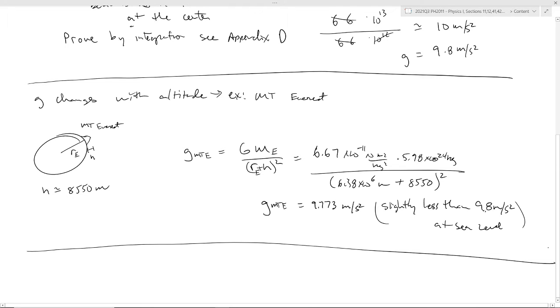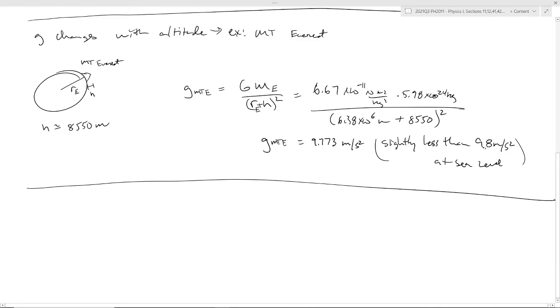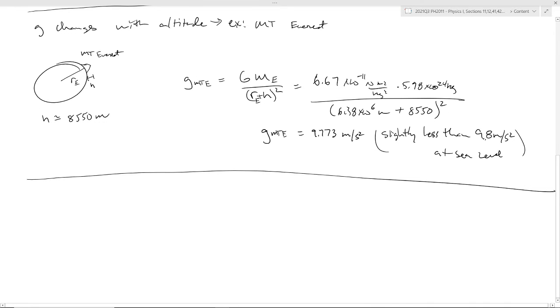And then the one other detail that I wanted to mention is how does this relate to a_R? So how does this relate to the centripetal acceleration? This is actually kind of a complicated question, but it's actually something that we can analyze.